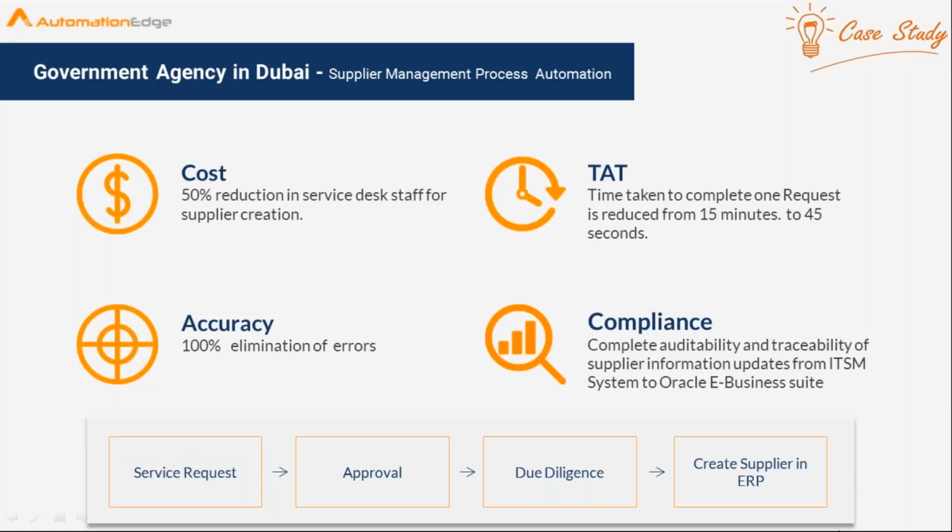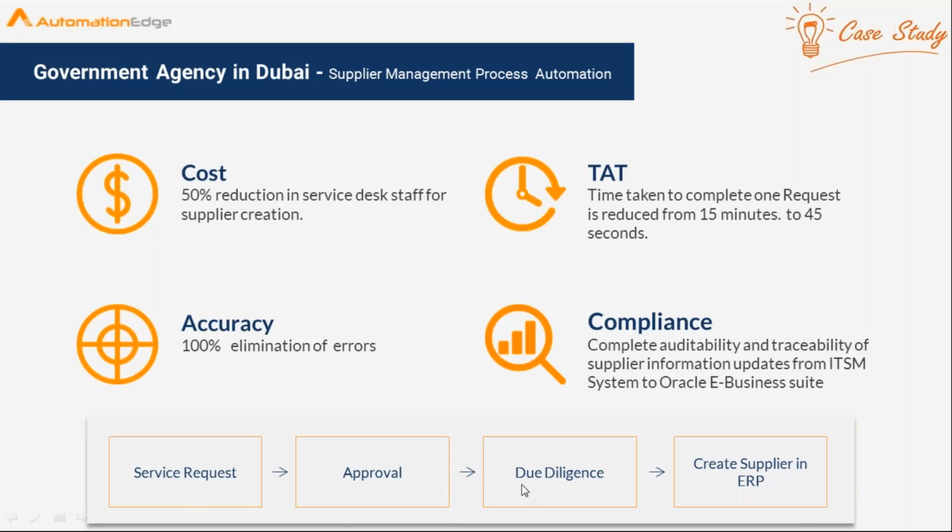Right, so this is a case study. This is a government agency which used this for supplier management, and they could reduce the cost by 50%, where service desk staff were involved in supplier creation. Accuracy improved to 100%. Turnaround time improved. If you see here, the service request and approval happen in a service management system.